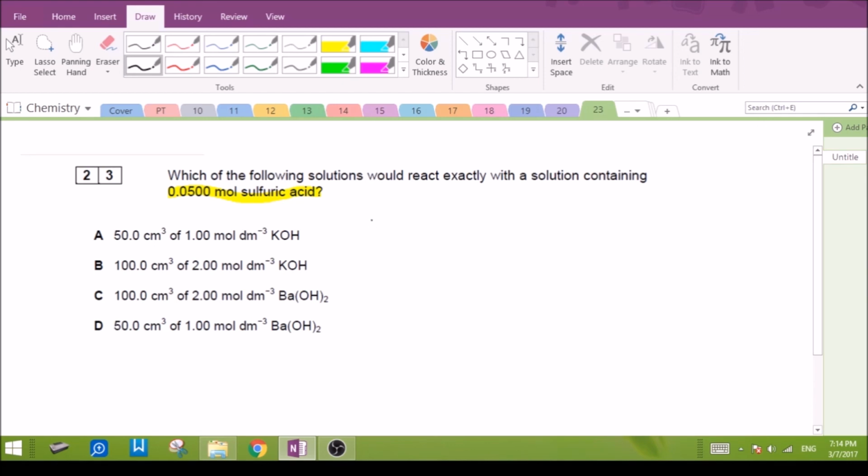So for potassium hydroxide, we form potassium sulfate and water, and we know that we need 2 moles of potassium hydroxide for every 1 mole of sulfuric acid. This is crucial to know the ratio of the moles.